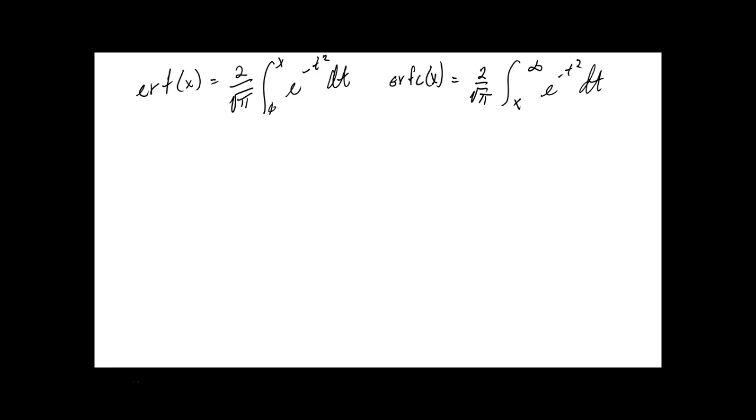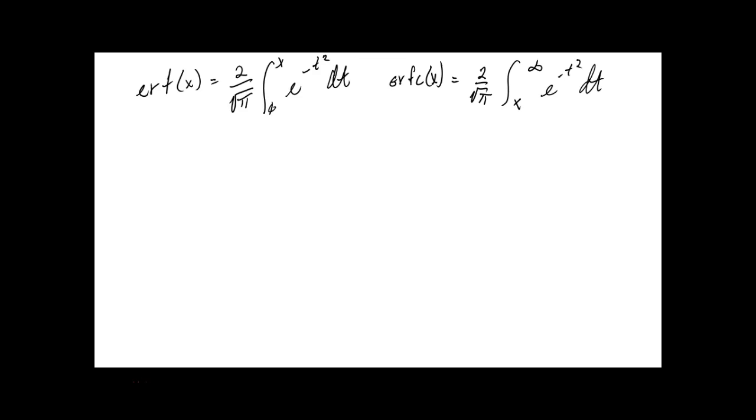Now, they say here, from the known result that the integral from 0 to infinity of e to the minus t squared dt is equal to square root of pi over 2.